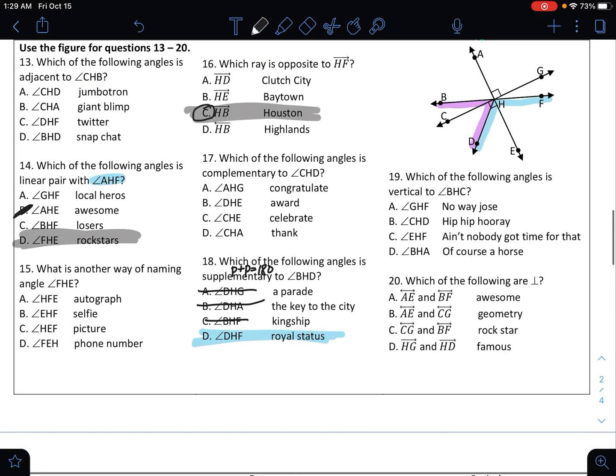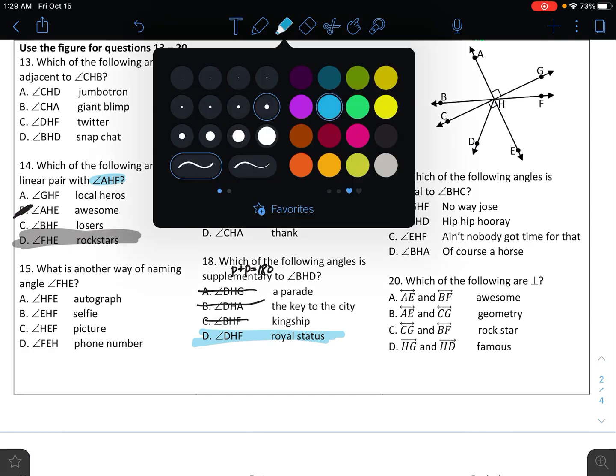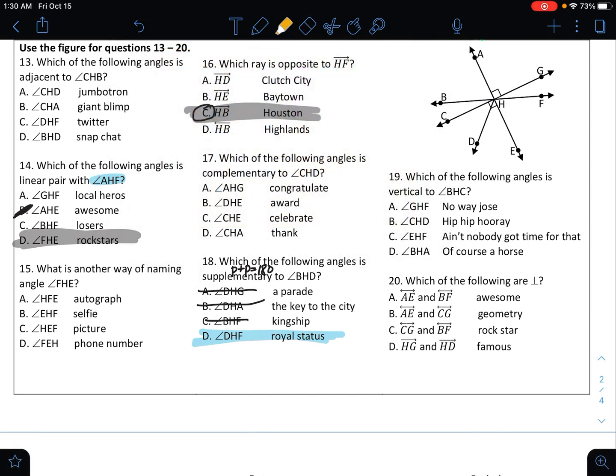Number 20, which of the following is perpendicular? All right, let me get rid of all this. I'm going to use a different color because I feel like it. So AE and BF. We're trying to see if they are perpendicular. So AE, this one, and BF, this one. That's not perpendicular at all.